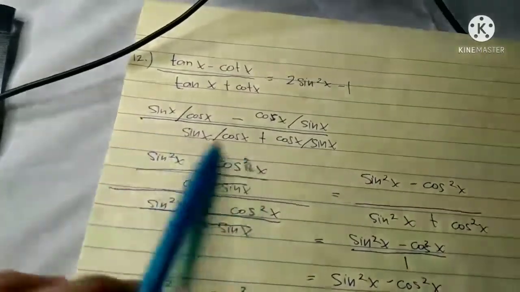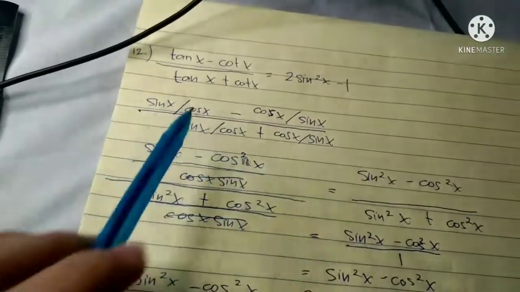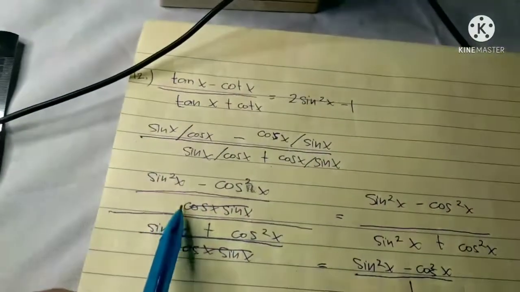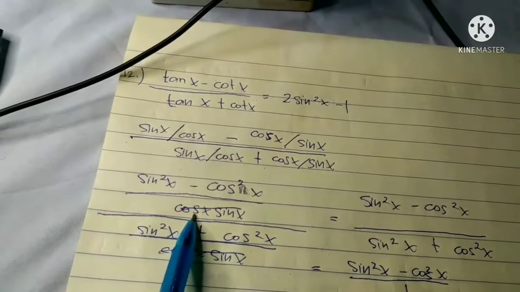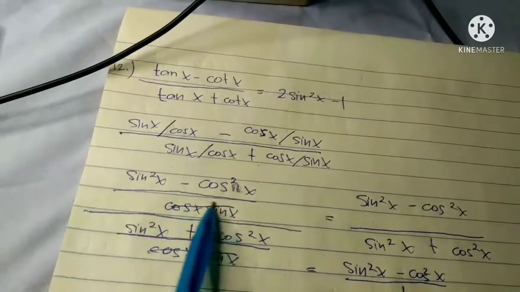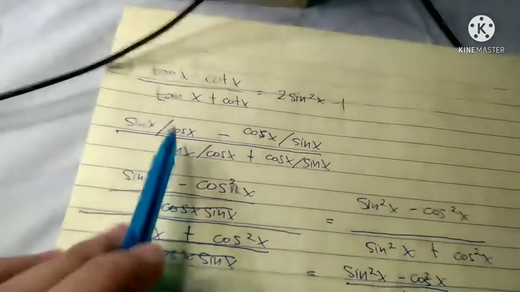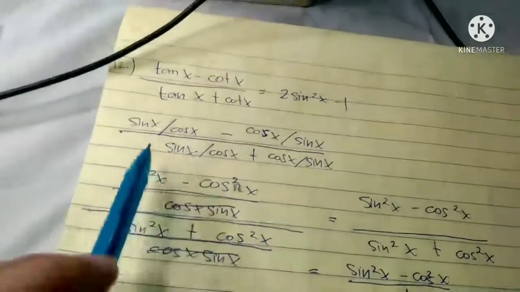Now we can simplify this. So we can solve the numerator first. Here the denominator will be cosine x sine x. So cosine x sine x, if we divide this by cosine x, cancel out the cosine x, then multiply sine x.